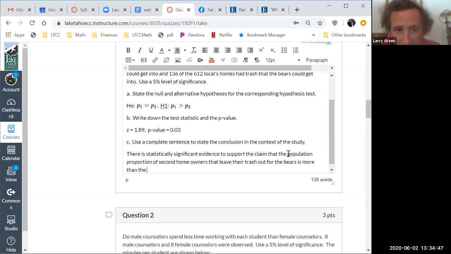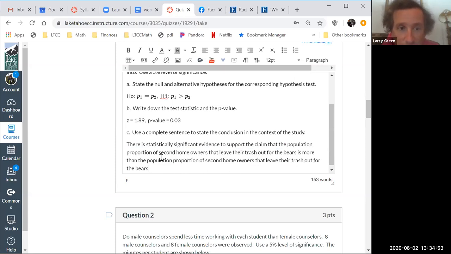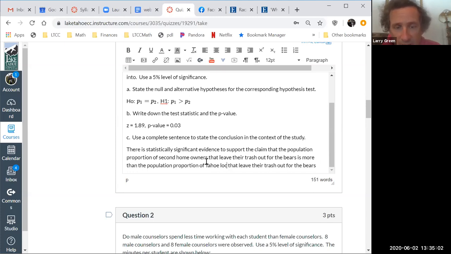And now I'll just copy and paste and change a few things. Is more than the population proportion of locals. Tahoe locals that leave their trash out for the bears.